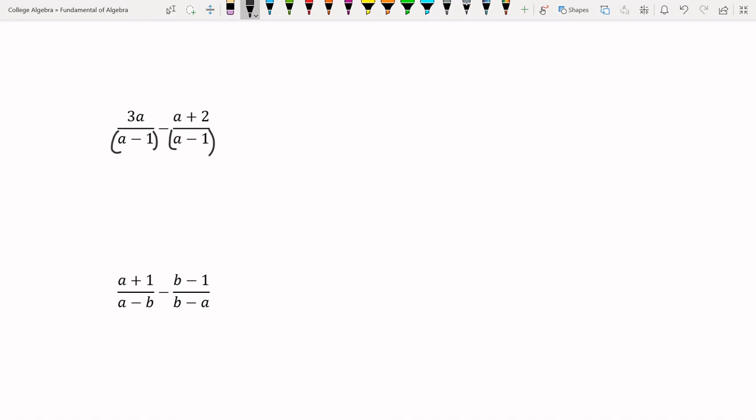Now, since a minus 1 is the denominator, we know that a cannot equal positive 1 because 1 minus 1 is 0. Now, when we have common denominators, we can actually just subtract the numerators and leave it over the denominator, just like you would with fractions. It's essentially the exact same.